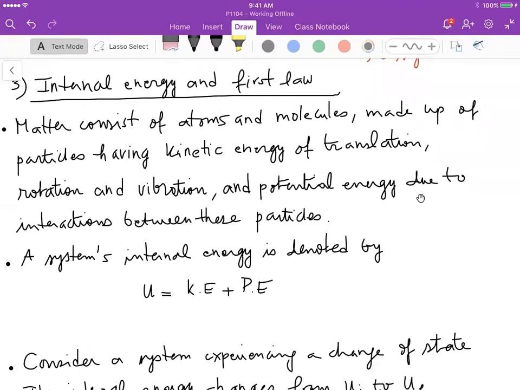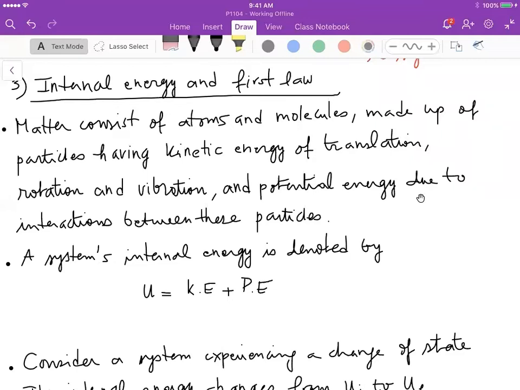It also includes potential energy within molecules and potential energy between molecules. So this is why here we have written down the internal energy of a system as the summation of kinetic energy related to any kind of random motion of the molecules inside the system, plus the potential energy of the molecules also inside the system, whether within the molecules or between the molecules.